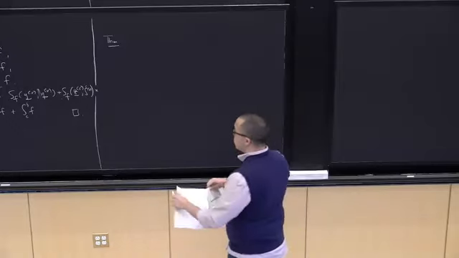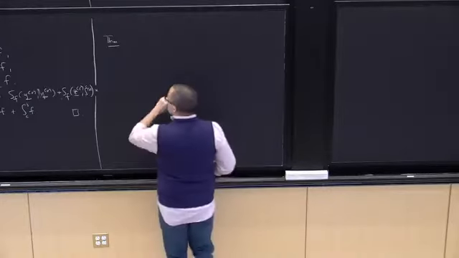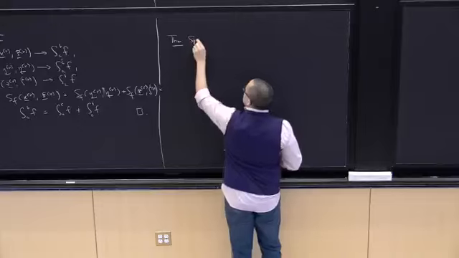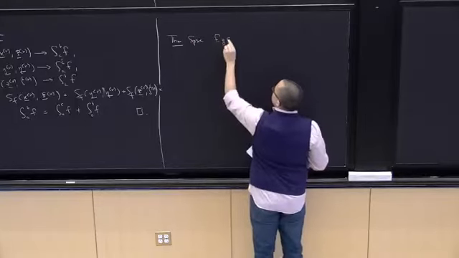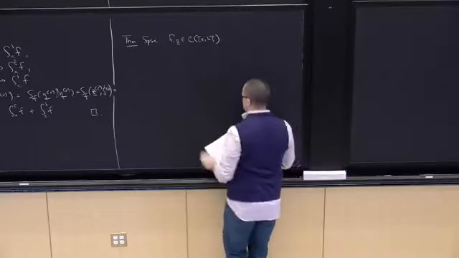Okay. So suppose f and g are now two continuous functions on AB.